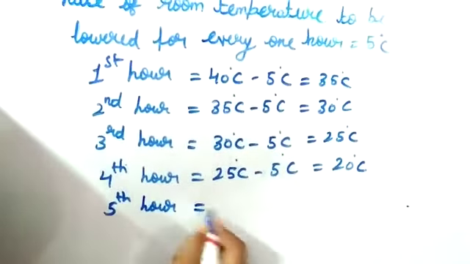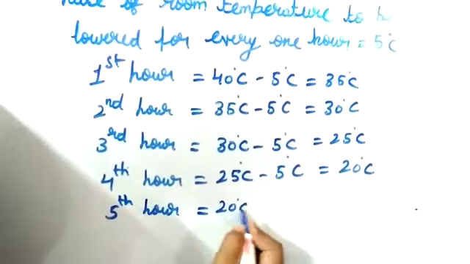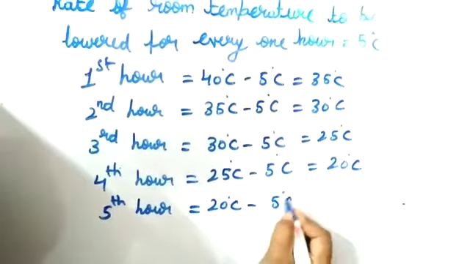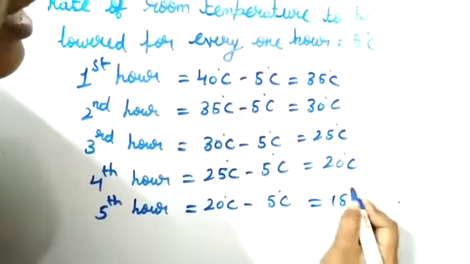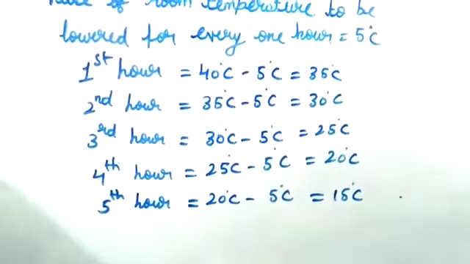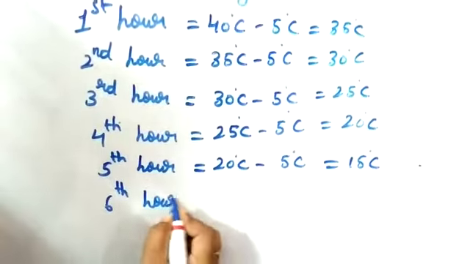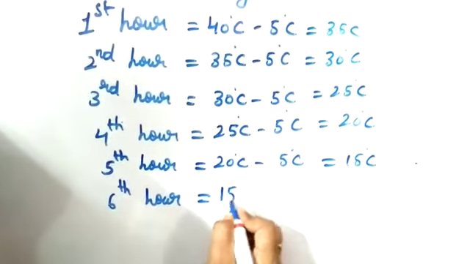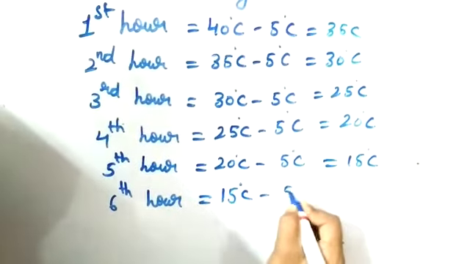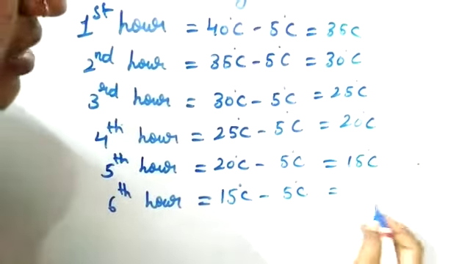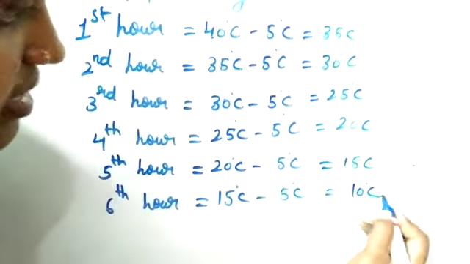Fifth hour is 20 degrees Celsius minus 5 degrees Celsius, which is 15 degrees Celsius. Now next we will check for the sixth hour. Sixth hour is 15 degrees Celsius minus 5 degrees Celsius, which is 10 degrees Celsius.